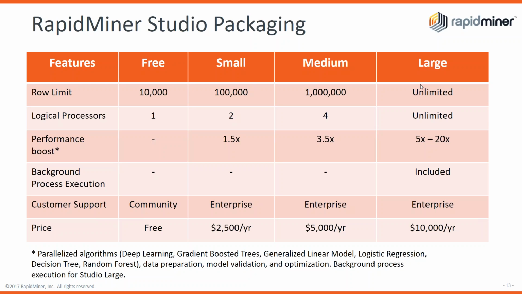Okay, looks like we have another question here. How is performance of Spark RM compared to the Hadoop operator? That's a good question. So in fact, the difference between the standard Hadoop operators and Spark RM is not only related to performance.